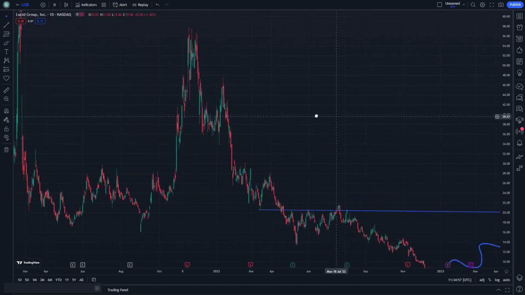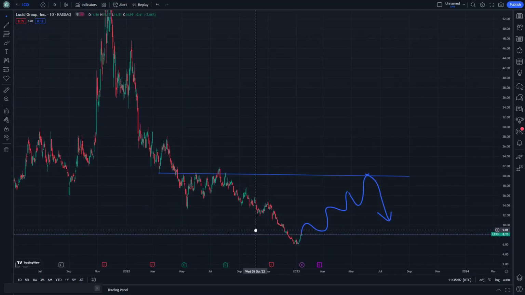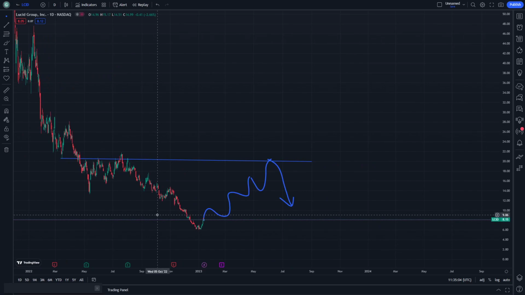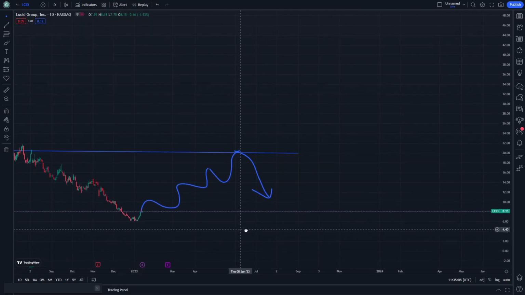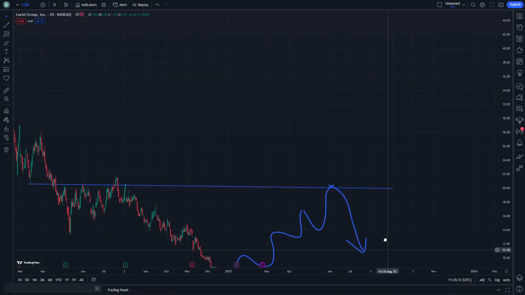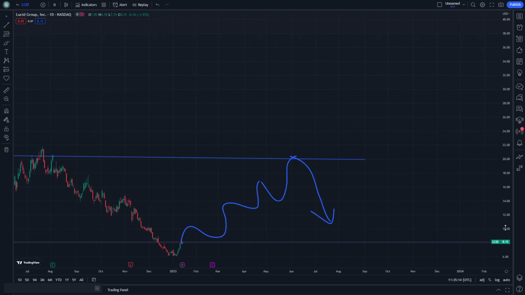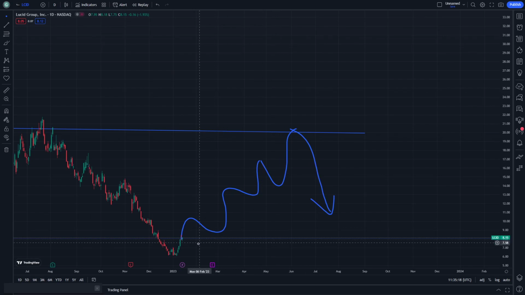That is what about LUCID stock that can be like this. Okay, that is very important for us to know, that LUCID stock or LCID is going to be like this.